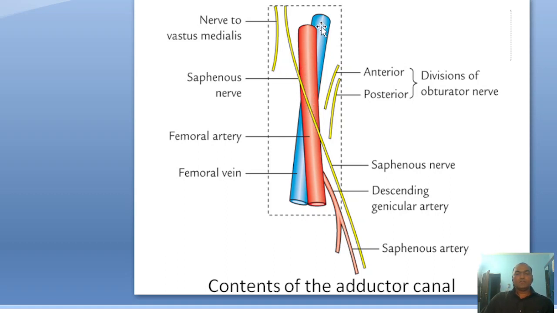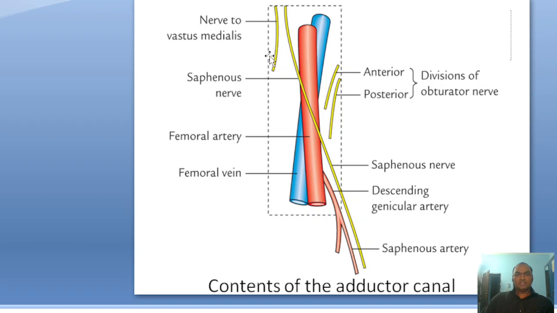The femoral vein, femoral artery, and saphenous nerve cross from lateral to medial, and in the lower part the relations of the artery and vein change. This is the anterior and posterior division of the obturator nerve. This is the nerve to vastus medialis.